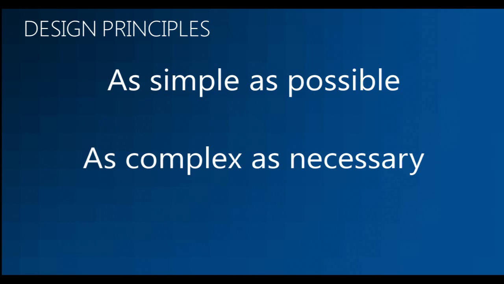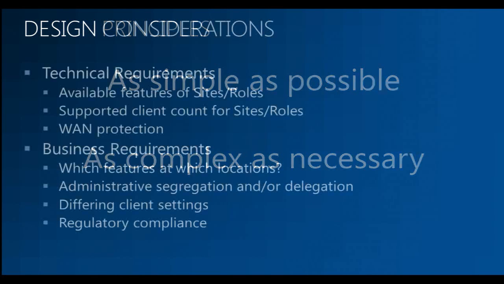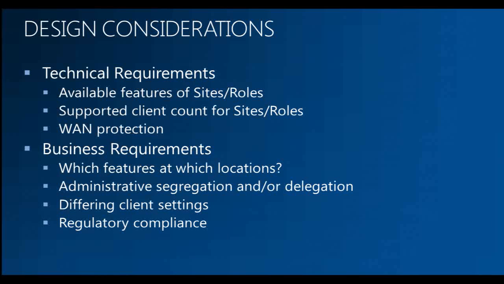So along with the overarching design principles, we have a couple of considerations that could affect our design. And these are around the technical and business requirements. On the technical side, we need to look at what are the available features of our sites and roles in 2012.